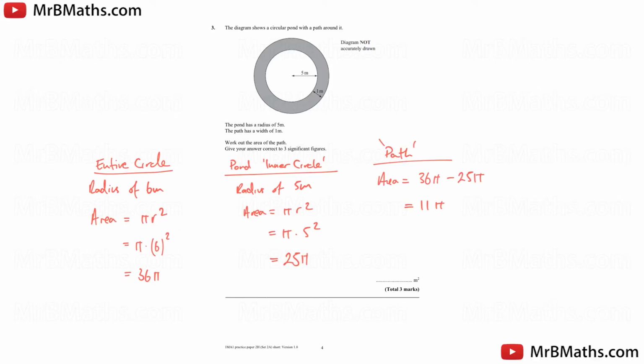It does say they wanted three significant figures, so if we type 11 pi into the calculator, push SD, we get 34.5575, etc. The three significant figures will be this one here, and we'd round up, so we go to 34.6 meters squared.